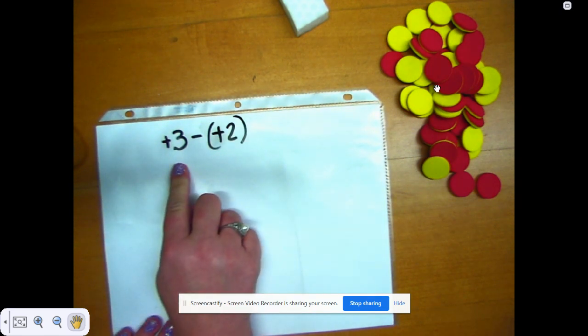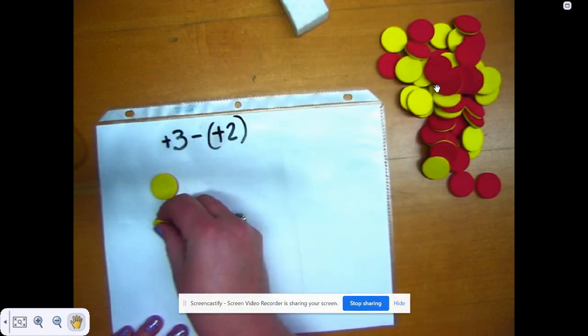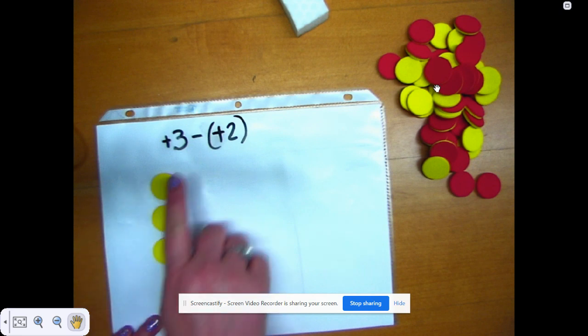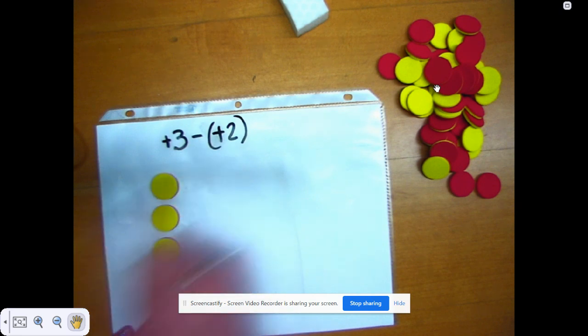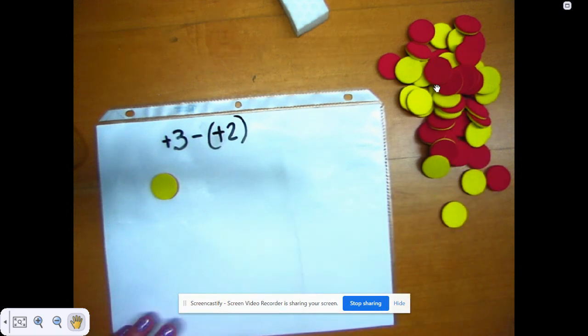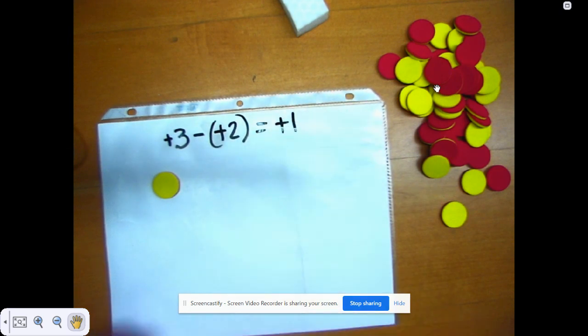So I have +3, so that means I need 3 yellow counters. And it says minus +2, so I need to take away 2 positive counters. So this one was quite easy. I just take away those 2 positive counters, and my answer is +1.